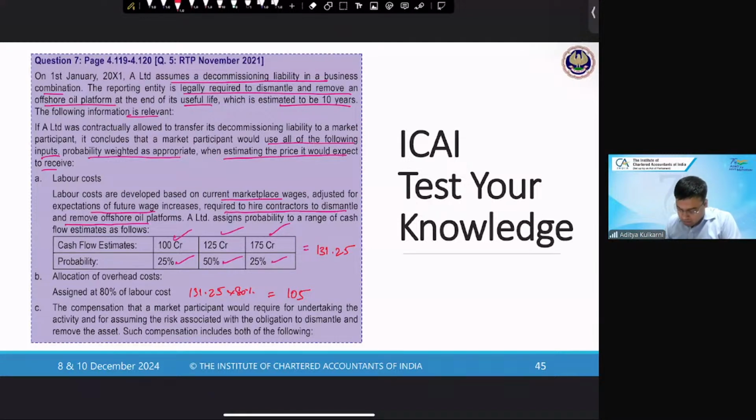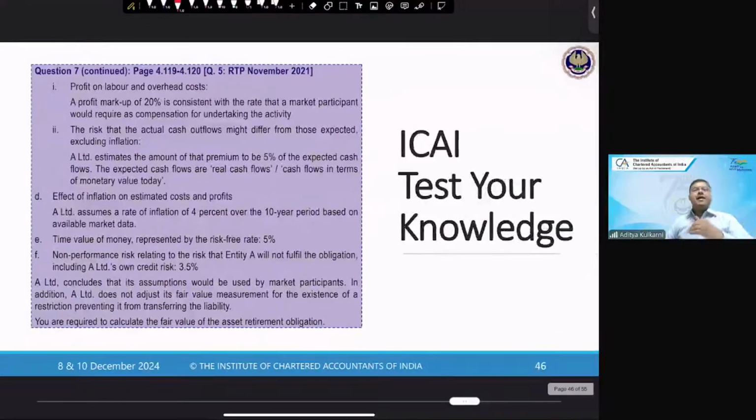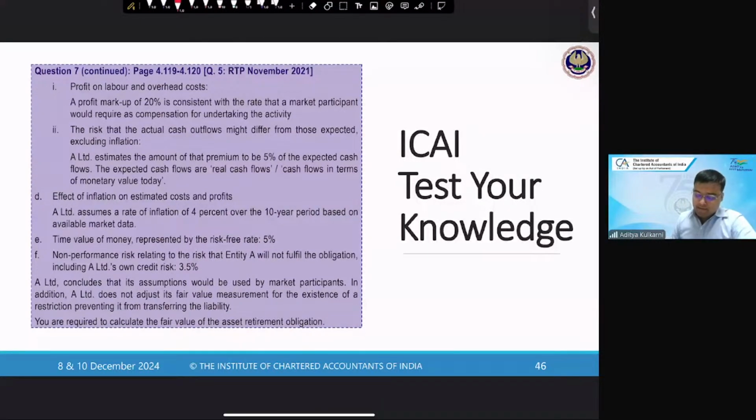Now, the compensation that a market participant would require for undertaking the activity and for assuming the risk associated with the obligation to dismantle and remove the asset. Such compensation includes both of the following. If I am transferring this obligation to somebody, that somebody is a market participant who is assuming the risk, so I will have to compensate him. The first one is your profit on labor and overhead costs.